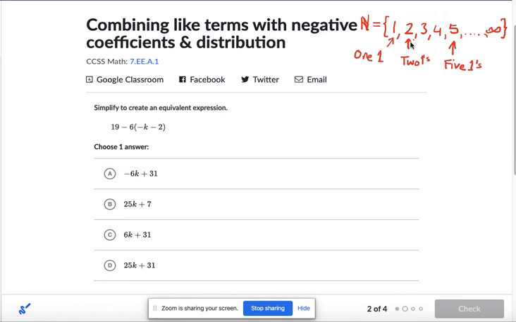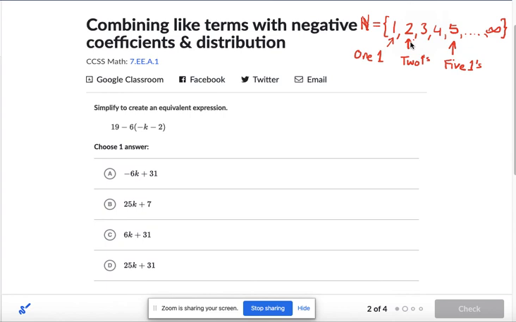Now the next part is we can see that we have two constants, right here and here, and we have a variable value in the middle. So we're going to combine the constants together. 19 plus 12 gives us 31, so we get plus 31. The 6k just stays the way it is, so we get 6k plus 31.